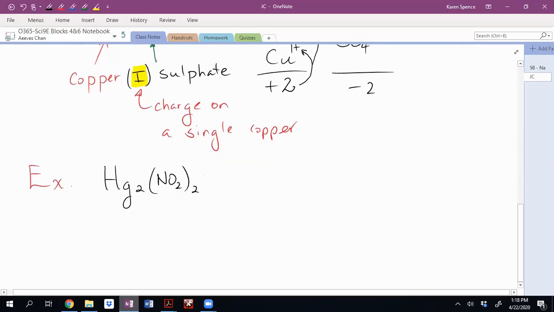Okay. This is really unusual. We don't normally see a 2 here and a 2 here. Normally we would reduce that to a 1 and a 1, but I don't know if you remember this from last time.